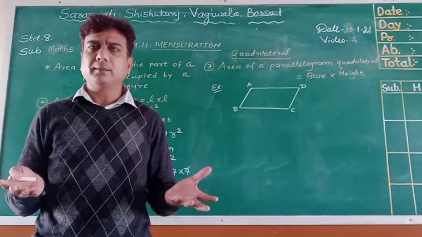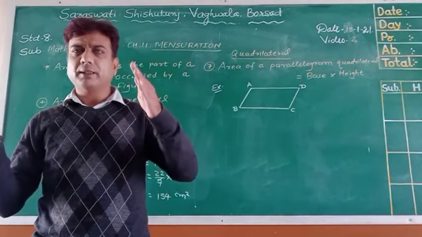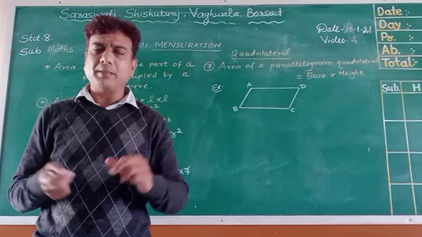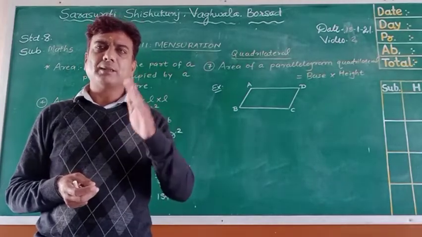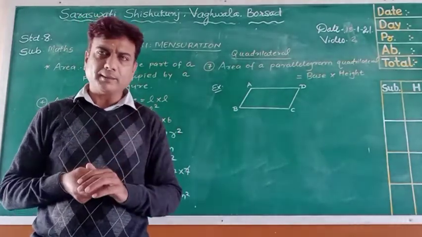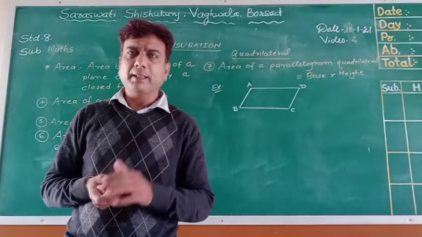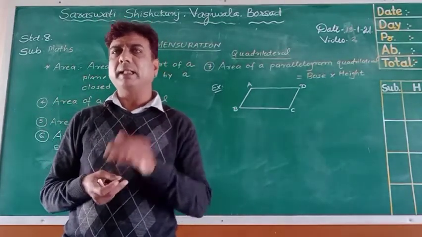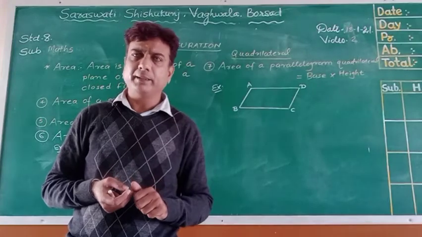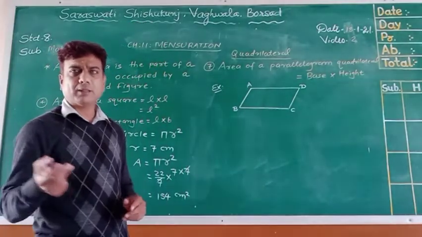In a parallelogram, the opposite sides are equal and parallel to each other. Their diagonals bisect each other at a single midpoint, and their opposite angles are equal. Their adjacent angles sum is always 180. These are all the properties of a parallelogram.